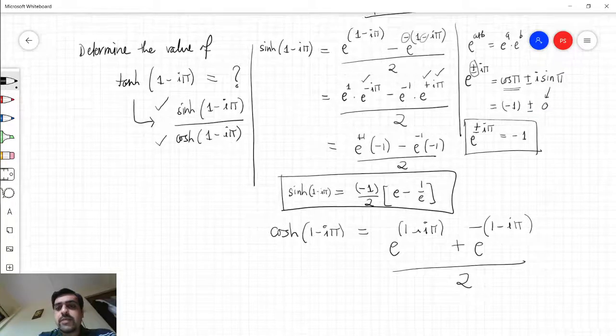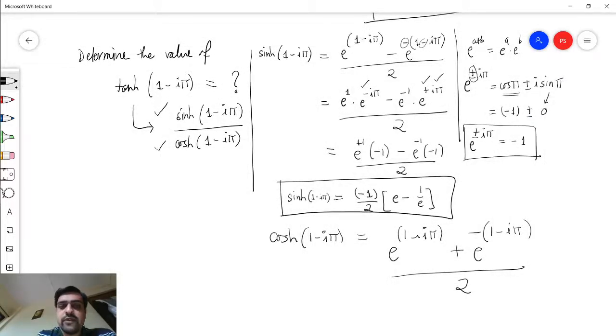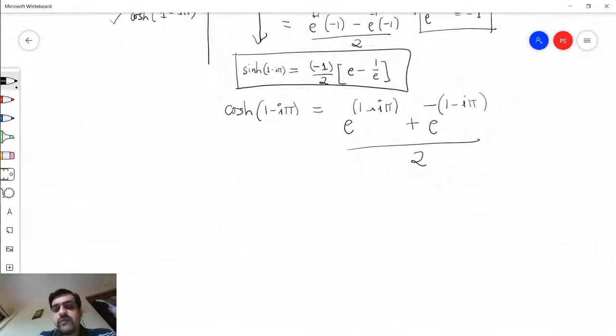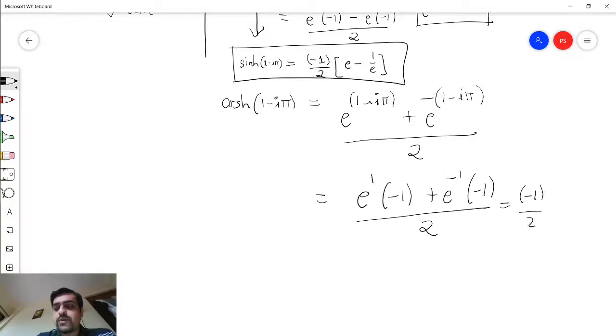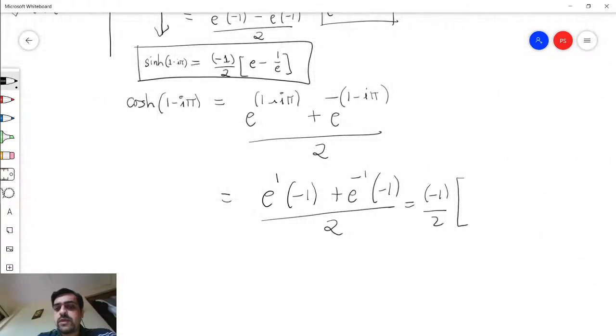By following the similar discussion which was done for sine hyperbolic of this number, we will get here e raised to 1 into minus 1 plus e raised to minus 1 into minus 1, divided by 2. That is minus 1 by 2 into e plus 1 upon e. So there is just a difference of the plus and minus sign.